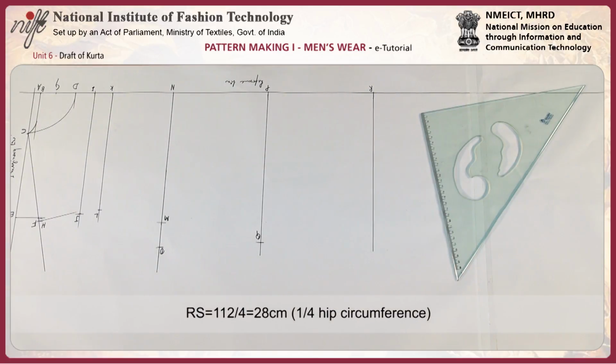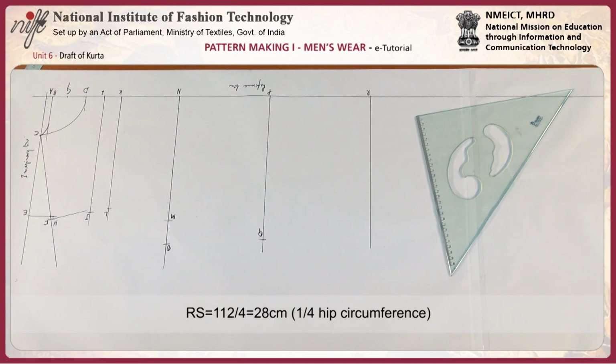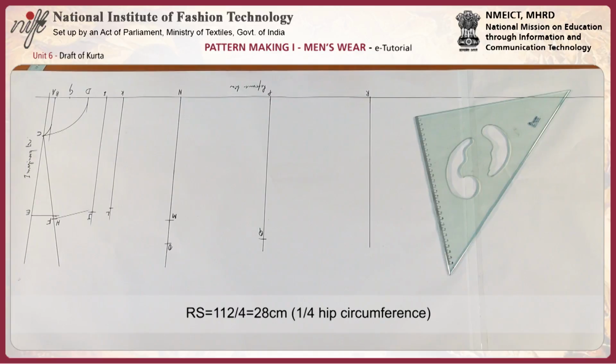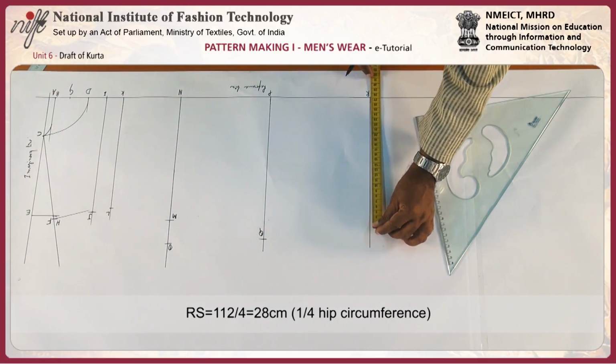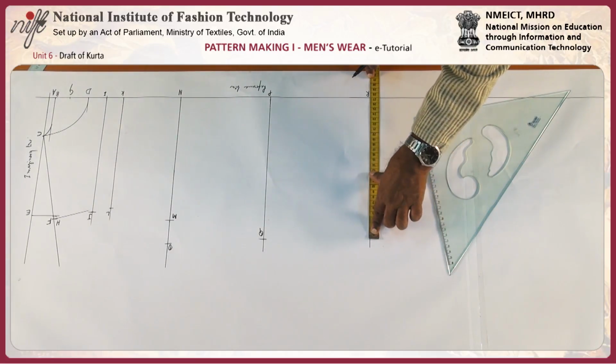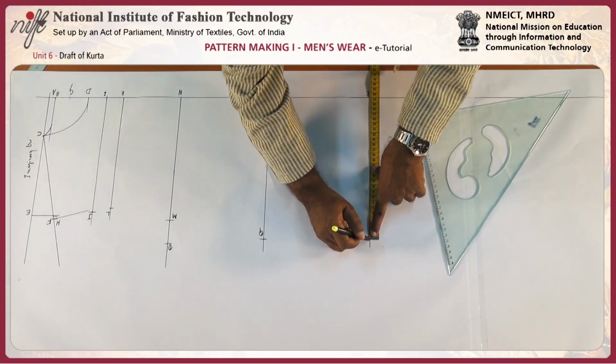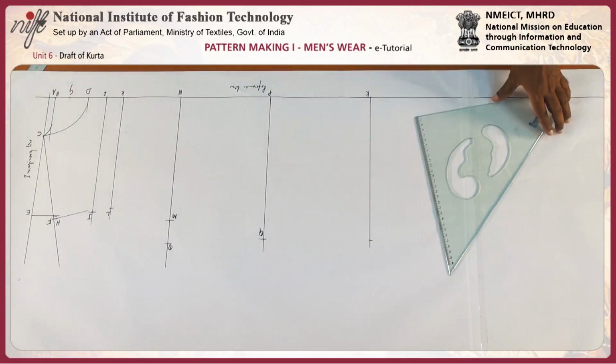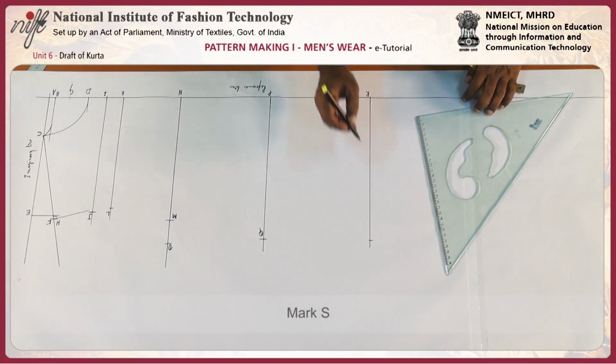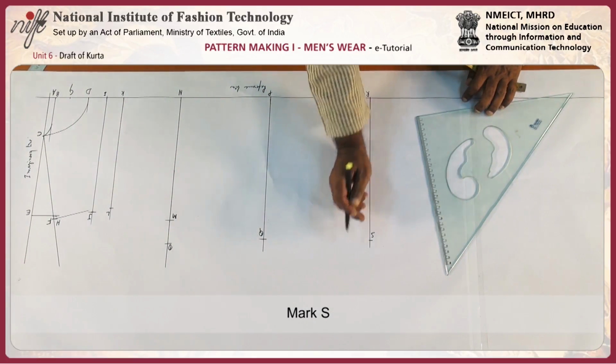Now R to S is 1/4 of hip circumference, which is 112 divided by 2 divided by 4, that is 28. R and point S.